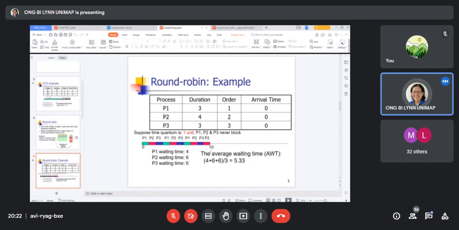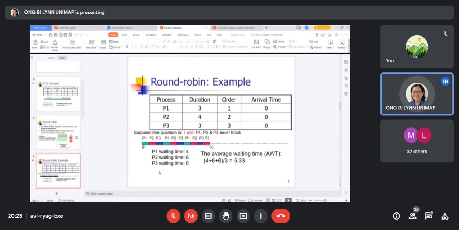P2, the finish time is 10. 10 minus itself, you have 6. P3, the finish time is 9. 9 minus itself, 3, so you have 6. So the average waiting time equals 4 plus 6 plus 6 over 3, which equals this number.